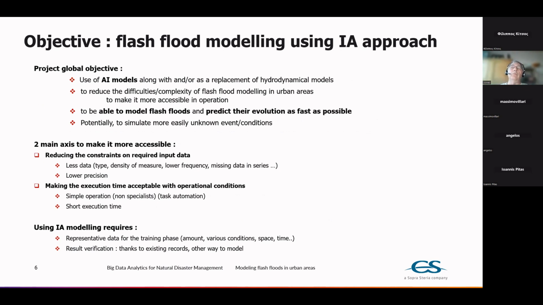So in our project, which I didn't say before, is Extreme XP, a European project, we are in charge of one use case in the project, the flash flood modeling.